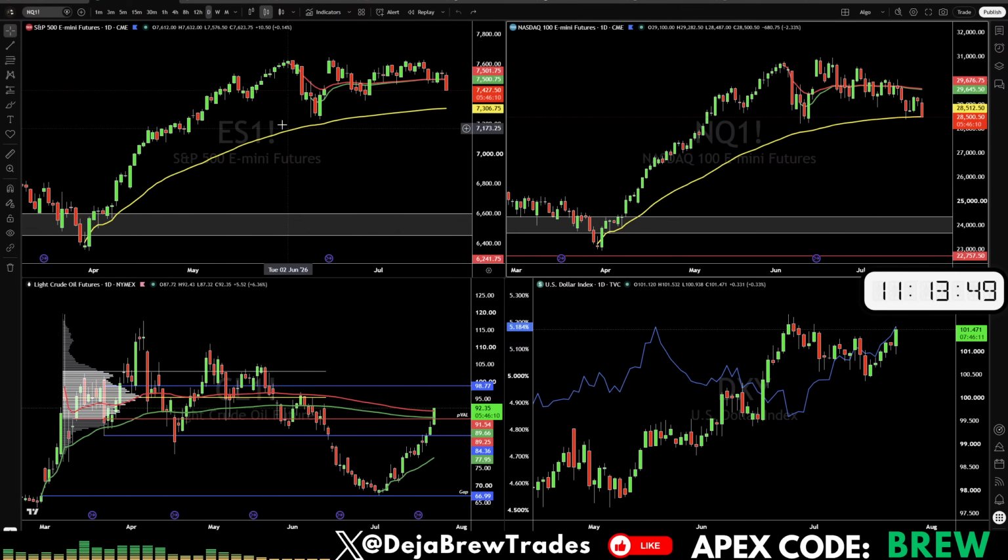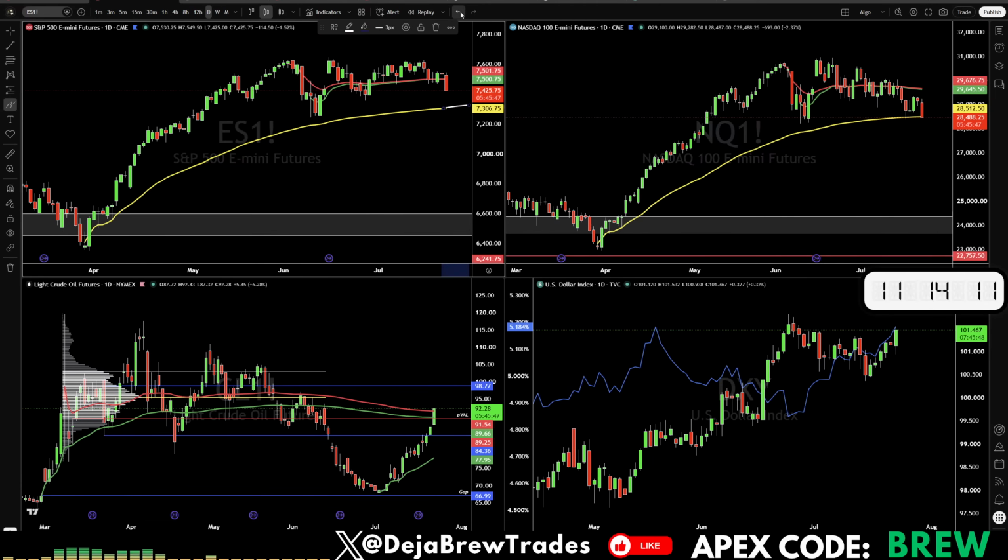We are starting to test those VWAPs from the April bottom. So like I said, kind of sitting on a cliff here. Losing that VWAP is pretty bad. That VWAP on ES is down to 306, so not quite losing it just yet.